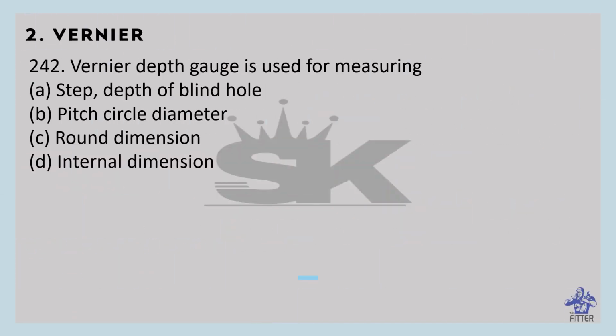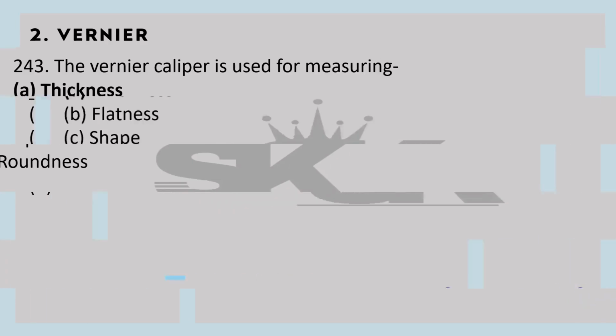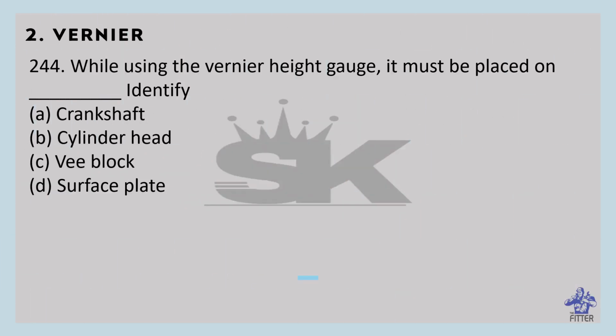A vernier depth gauge is used for measuring the step depth of a blind hole. Okay. Option A. The vernier caliper is used for measuring thickness. Okay. While using the vernier height gauge, it must be placed on the surface plate.